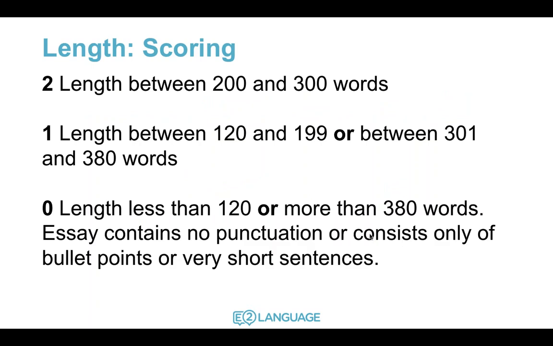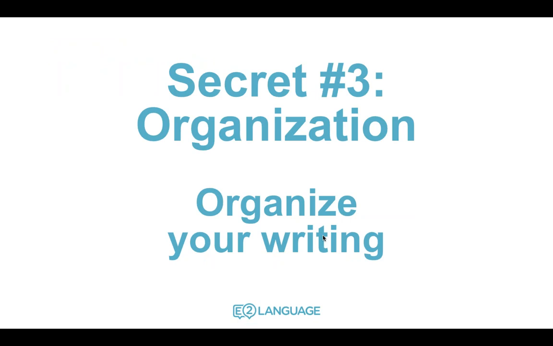And you get 0 points if you write less than 120 or more than 380. You also get 0 points if your essay contains no punctuation. If you do not use capital letters and full stops, you will get 0. Secret number 3, organization. And this is why I'm so big on planning essays.